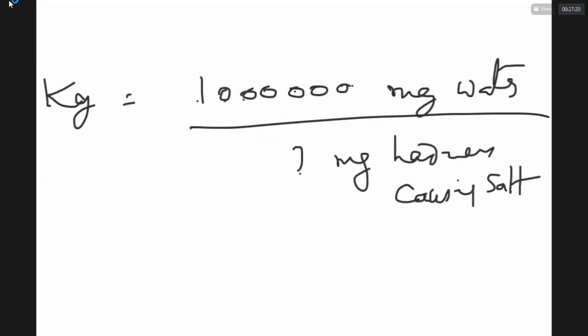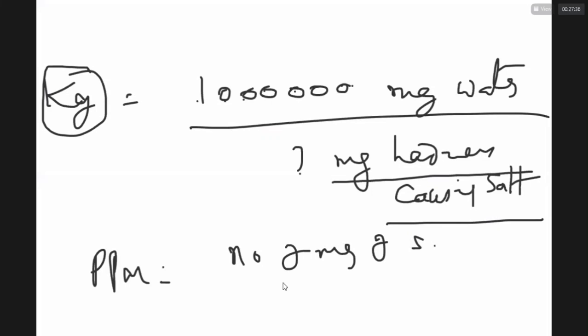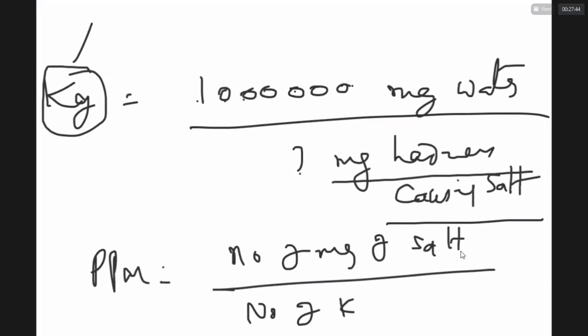So simply if you say, how many milligrams of hardness causing agent is there in a kg of water, you are saying hardness in ppm. So hardness in ppm is equal to number of milligrams of salt divided by number of kgs of water, since 1 million milligrams means 1 kg.